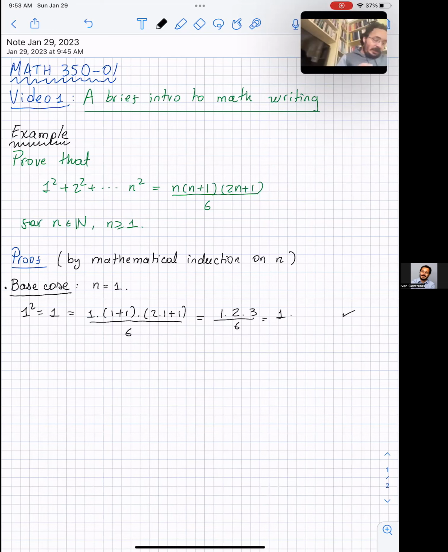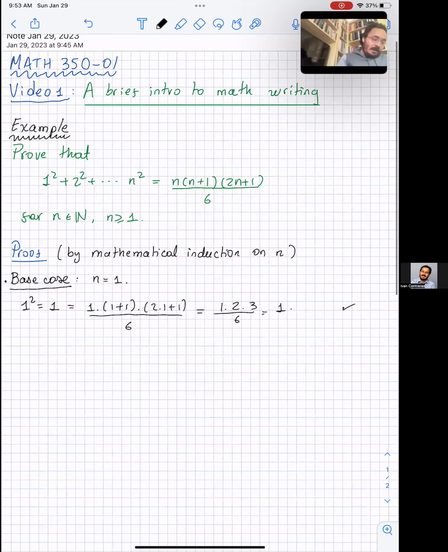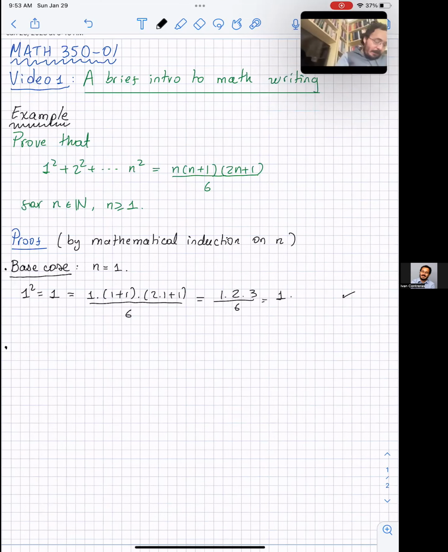The next step when you write a proof by induction is the induction hypothesis. What is the induction hypothesis? You are making an assumption. You assume that the equality holds.